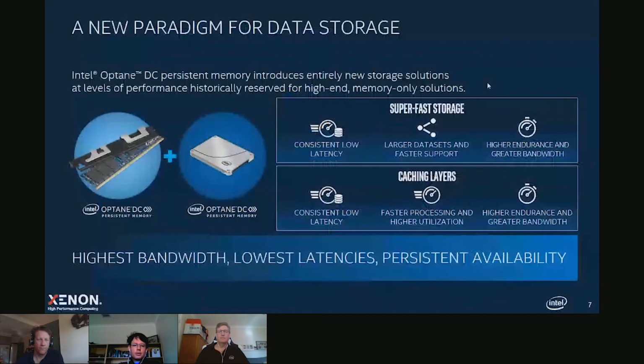So Intel Optane DC persistent memory really introduced an entirely new tier of storage solutions with performance levels that have not been accessible before. When we look at it in a storage mode, it gives us very low latency. Therefore, it supports much larger data sets, and it can deliver those data sets to the compute appliances much faster.